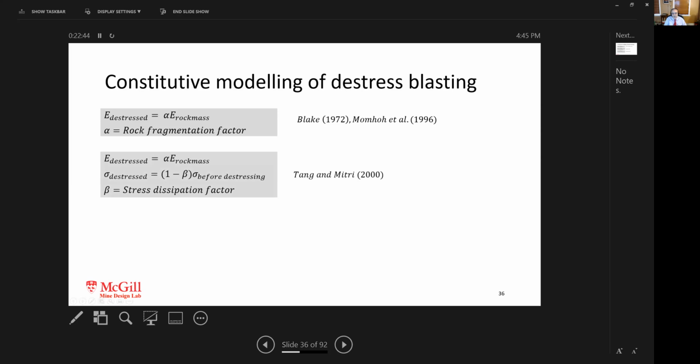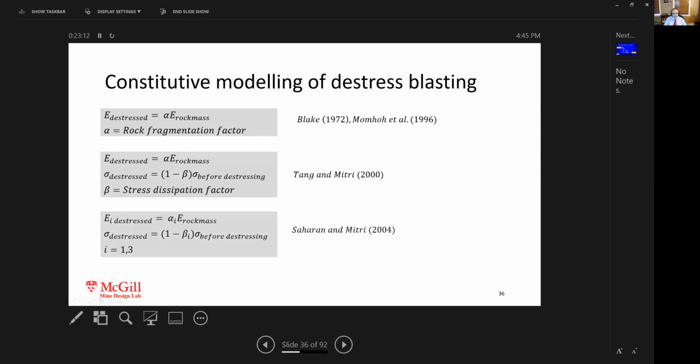So when Bao Yao Tang did his PhD, we suggested this model to continue to build on Blake's model and introduce another parameter, beta, where beta is a stress dissipation factor. So alpha is a rock fragmentation factor responsible for stiffness reduction, and beta is a stress dissipation factor responsible for stress reduction.